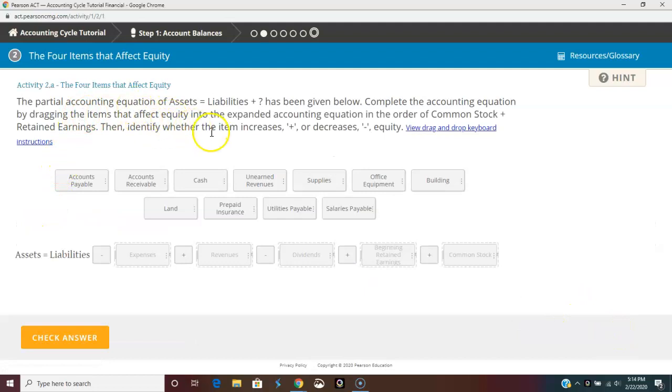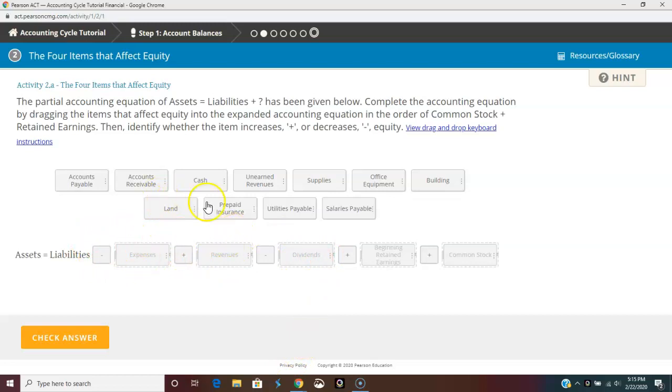Four items that affect equity. You remember from chapter 1 and chapter 2 that equity is more than just one thing. It's common stock, retained earnings, various things affect retained earnings. Increase or decrease it. I find these things slightly confusing and it won't let me do anything here, so I don't know why.